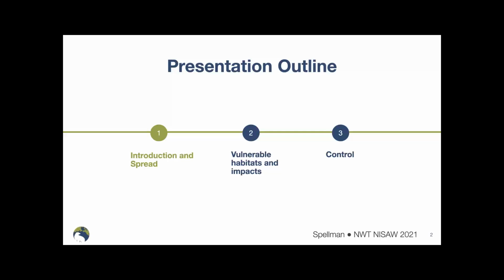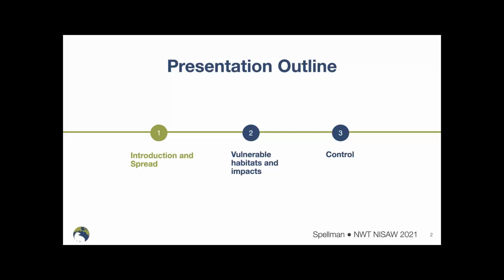So I'm going to just cover three main topics. Some of the history that echoes the history that Bruce mentioned, the introduction of sweet clover to Alaska and how it's been spreading. And then we've been doing some work on the vulnerable habitats in Alaska. Where should we be looking for this? Where should we be prioritizing early detection?